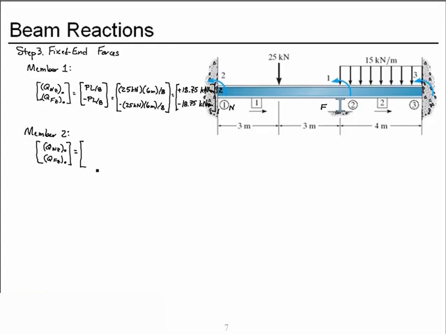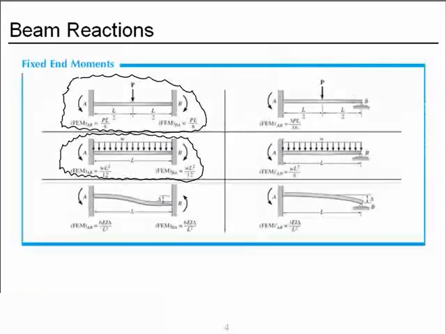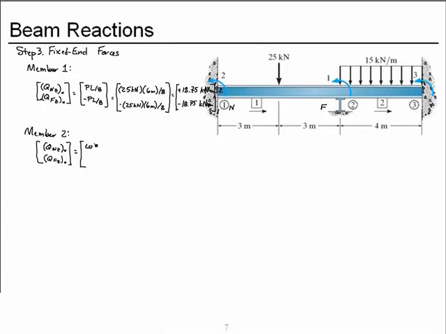If we look inside the back cover of our text, fixed, uniform distributed load creates moments of omega L squared over 12 on each end, counterclockwise on the left, clockwise on the right. So we have omega L squared over 12 and minus omega L squared over 12.